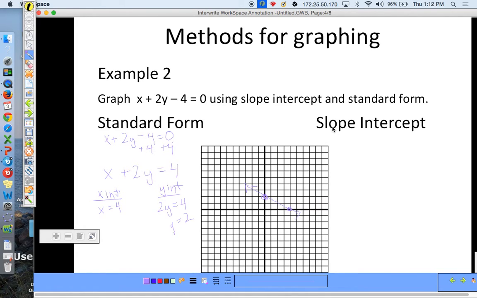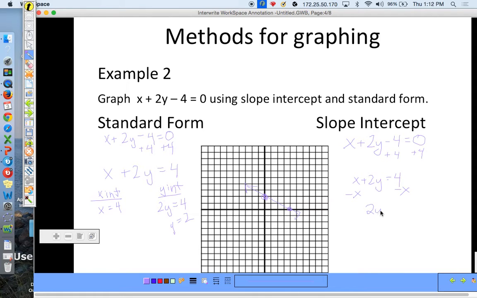But slope-intercept seems to be our default. I think that's the first thing we taught you in algebra, so we always tend to go back to that. And we say to put it into slope-intercept, we have to solve for y. Well, so once again, we can add the 4. So now we have x plus 2y equals 4. Well, we subtract that x.